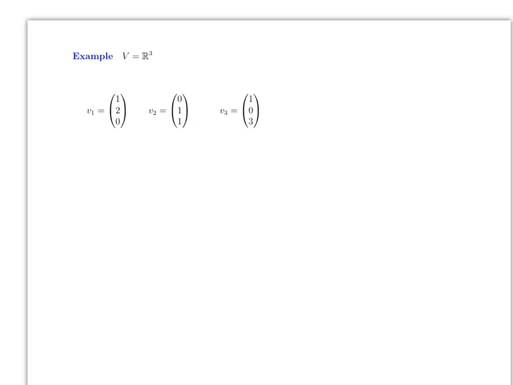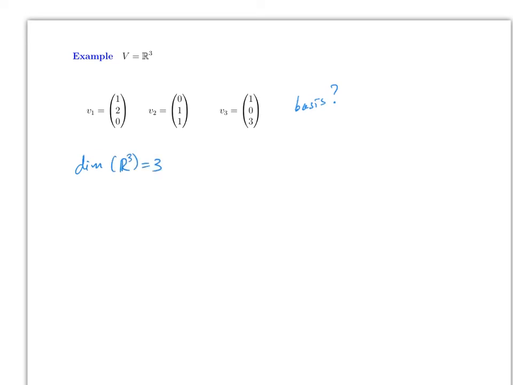Okay, finally, let's look at this example. The question is, is this a basis? And instead of checking the way we did before, we're going to use the dimension now. Remember that the dimension of R3 is equal to 3.